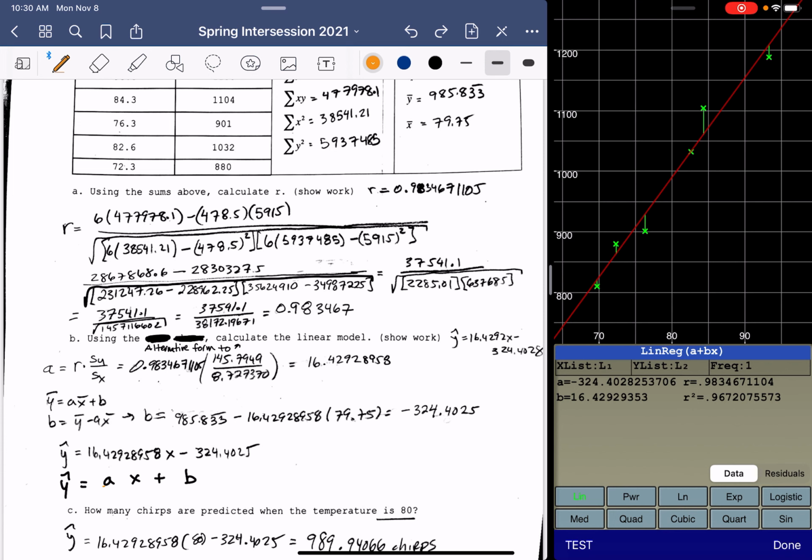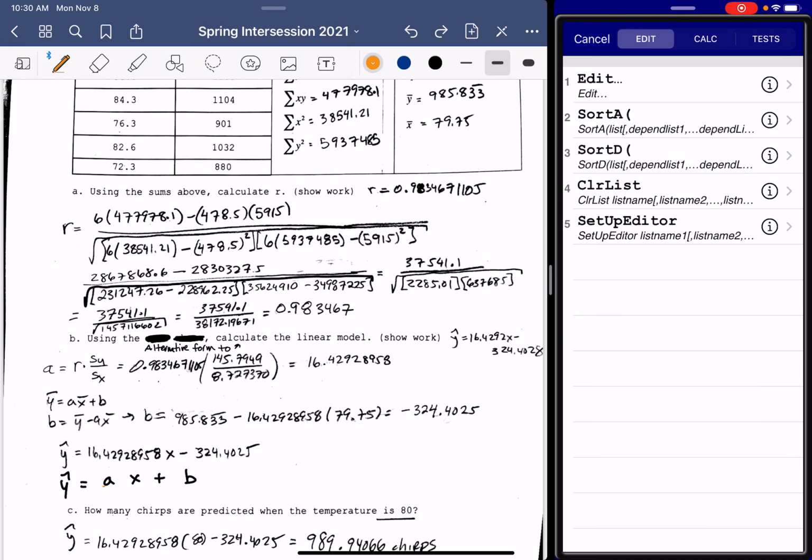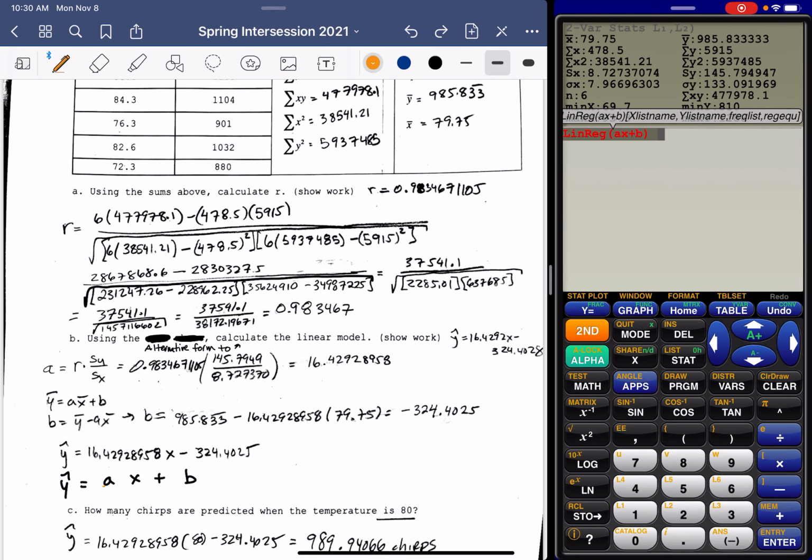So how do we get the correct form? Well, you got to go to stats, right? You got to go to calc. Don't go to regression. Go to linear regression. You see that? It's in the form of ax plus b, which is the correct form that we want. Then we type in L1, comma, L2. Enter. And then we have the answer.